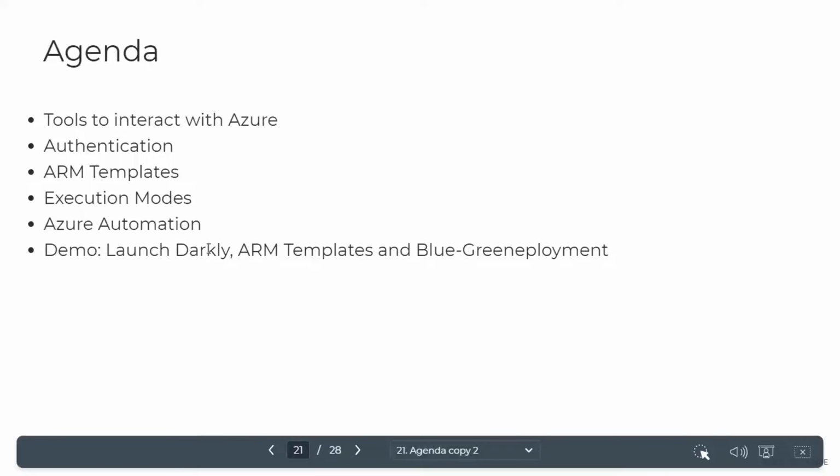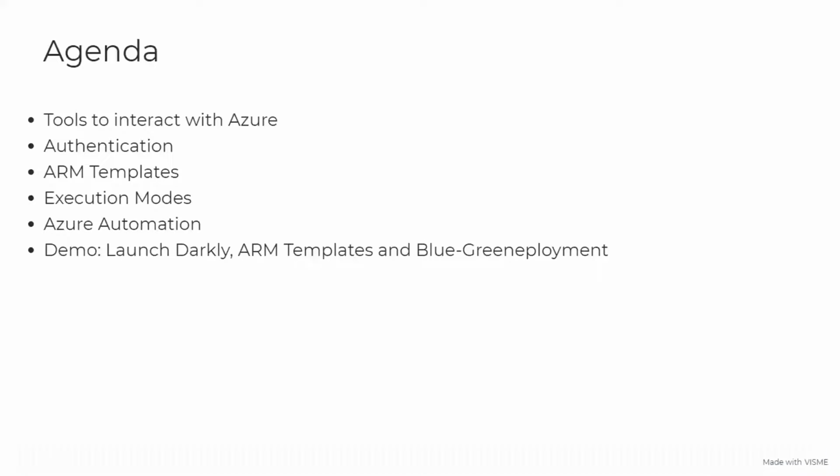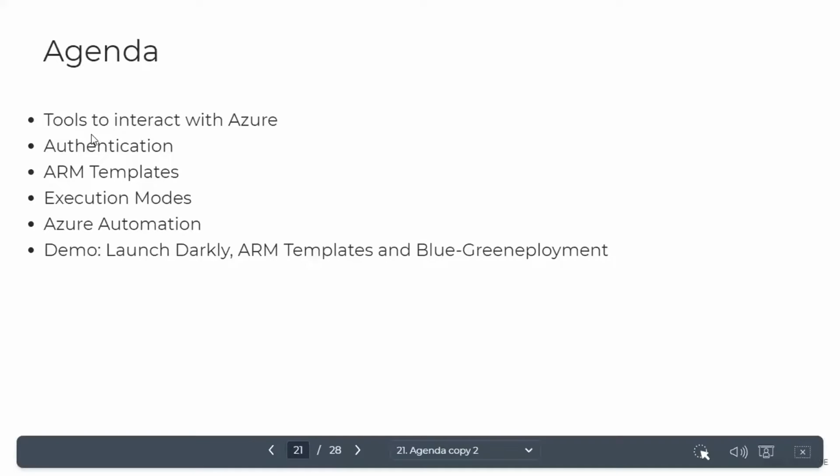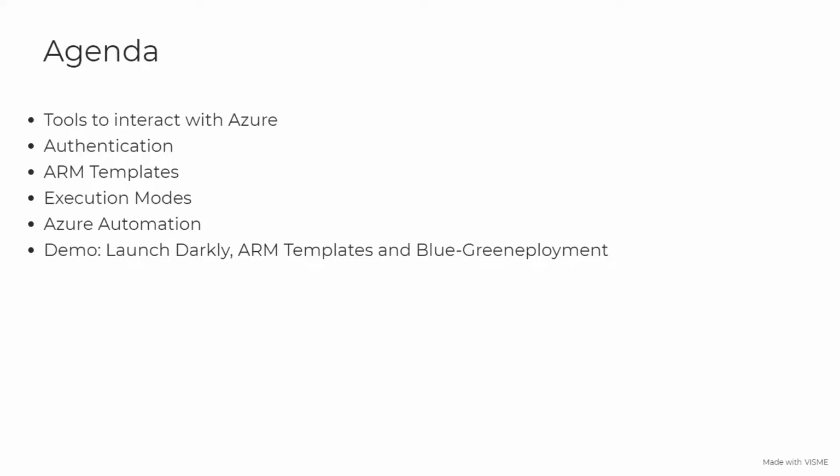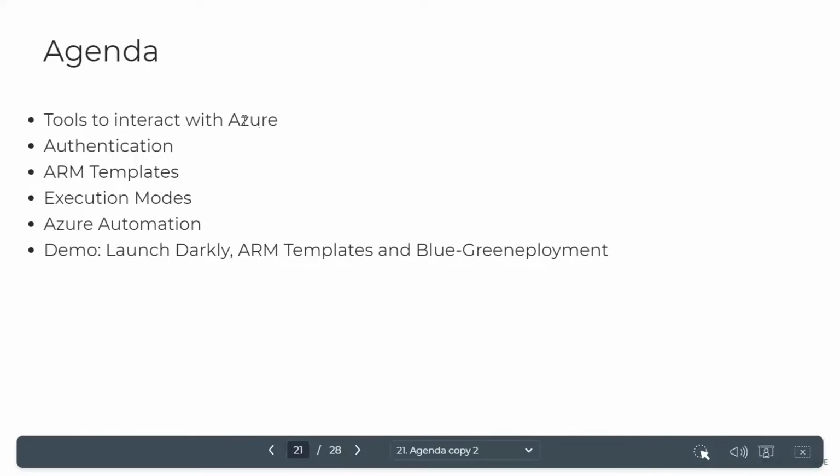Okay. So the agenda is: what are the tools we are going to use for interaction with Azure. Most of the tools are the PowerShell module, Azure CLI, ARM templates, and the portal also. We will see how we can install them in our local machine, and how we can log in.